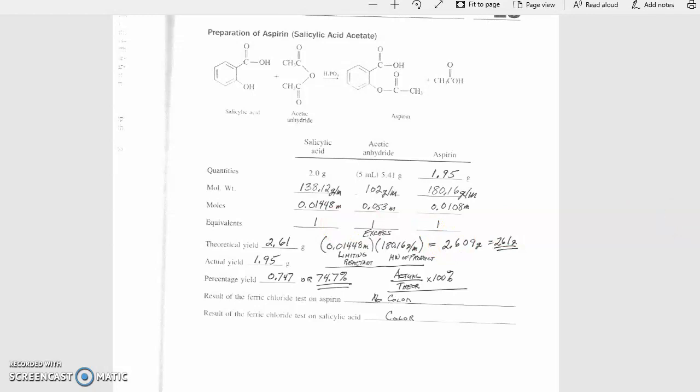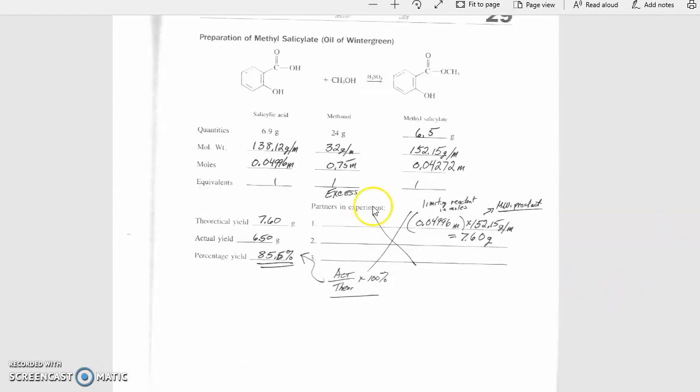Okay? And it's the same way with the next one. When you are looking at that one, again, here you've got a different molecular weight because here you're making the methyl salicylate, right? The oil of wintergreen. This again is in excess. You've got 0.75 moles of this. You've only got 0.04996 here. Okay? And this right here, based upon this weight and this molecular weight, you only have 0.04272 here.